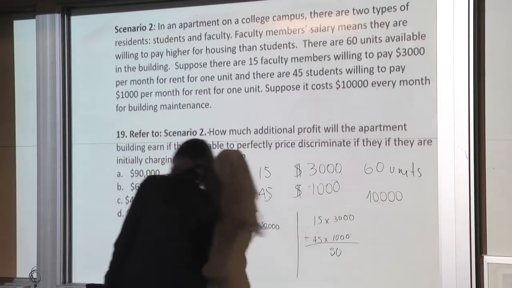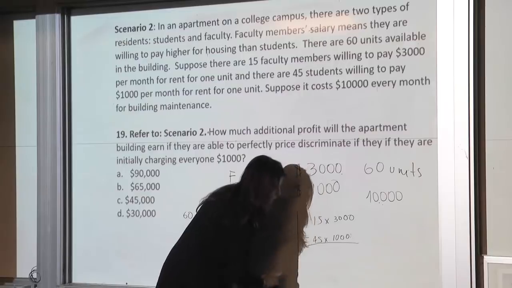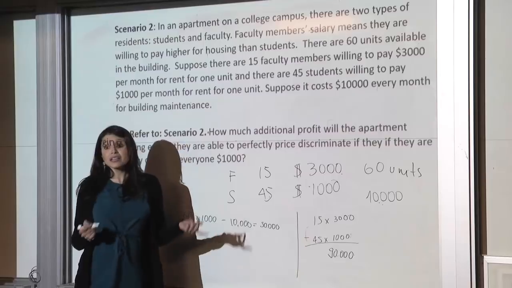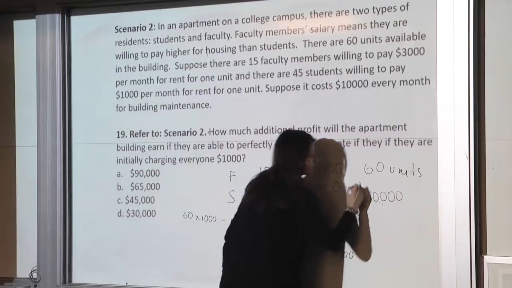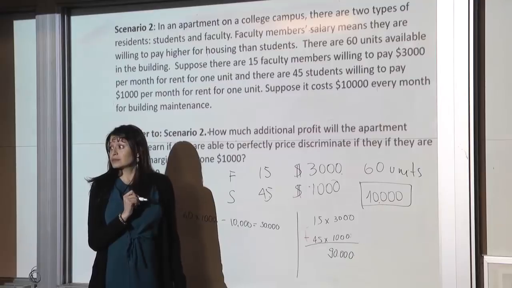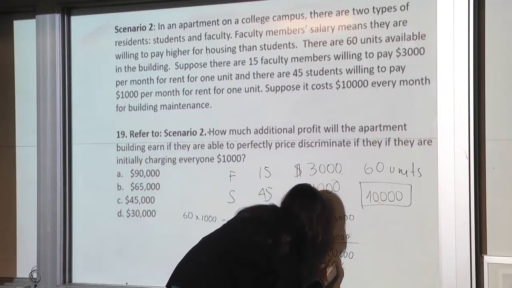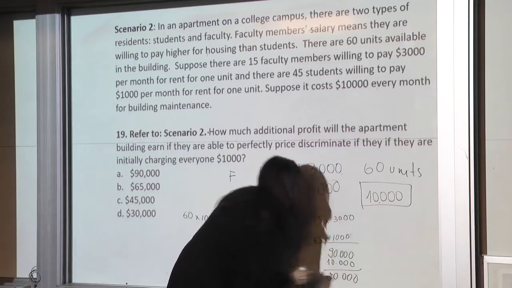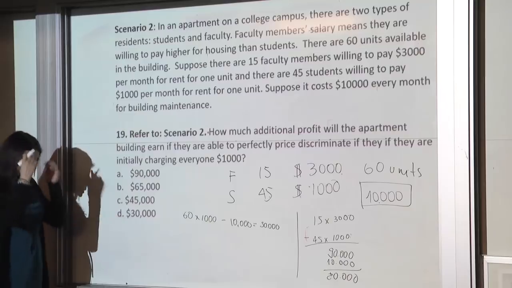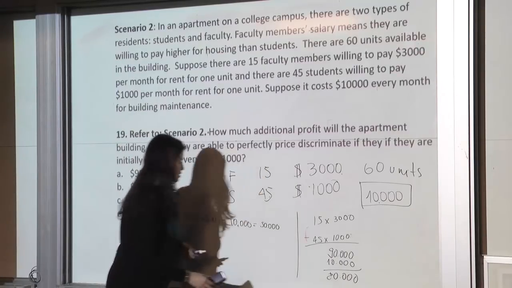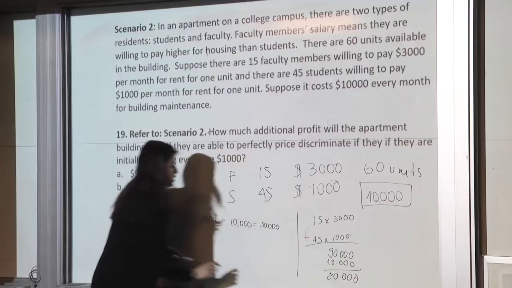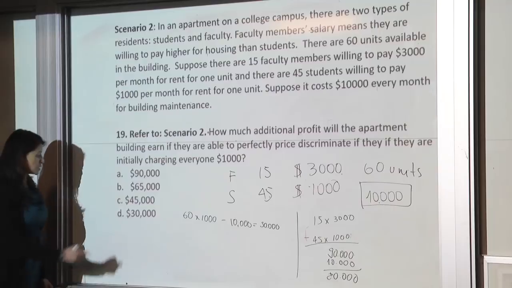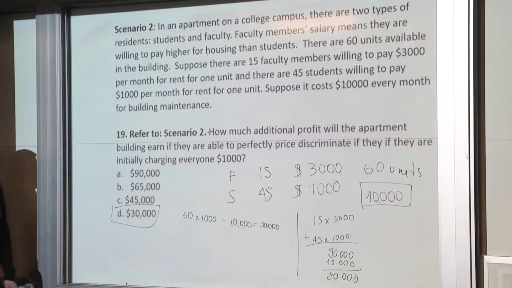Okay, 90,000 minus 10,000 in cost. That is equal to 80,000, right? I don't know if the camera can get to here. Okay, good. So the difference will be how much? 30,000. Okay?